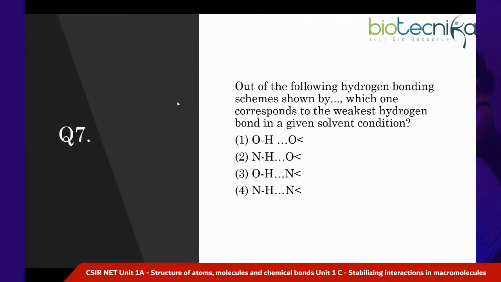So we have to say which is the weakest hydrogen bond in a given solvent condition.